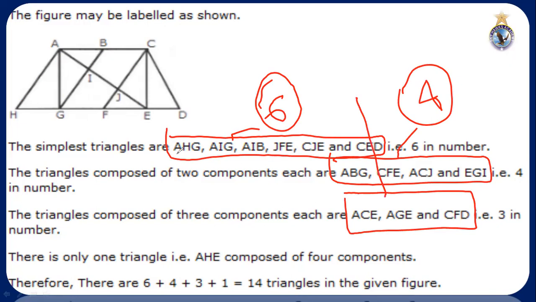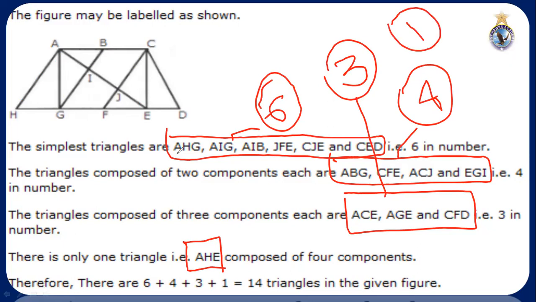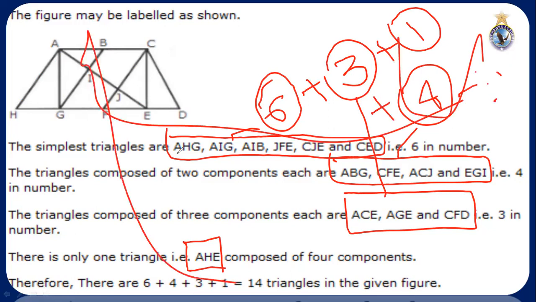So 3 more. And there's one triangle which we can consider as a whole, that is AHE. So one more. Now we will add this: 6 plus 3 plus 1 plus 4. We will get the answer 14.